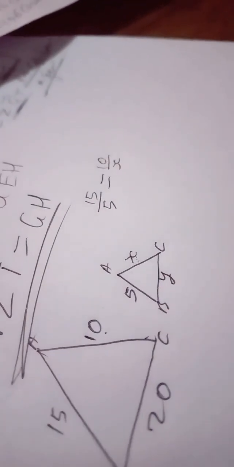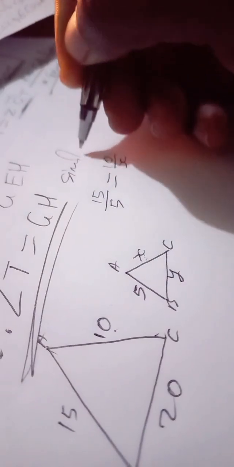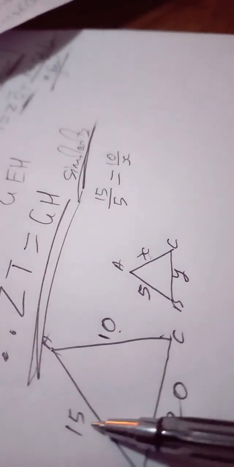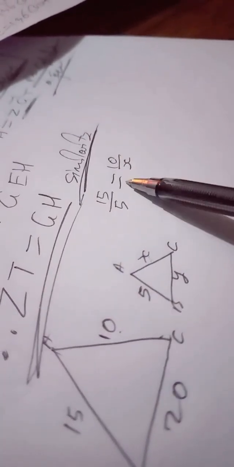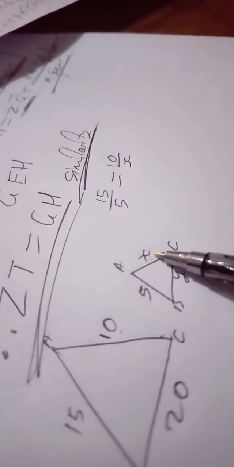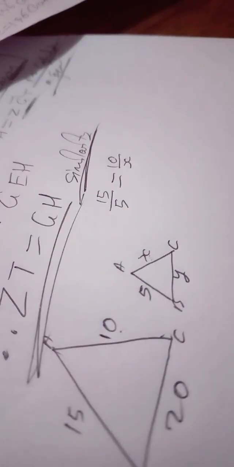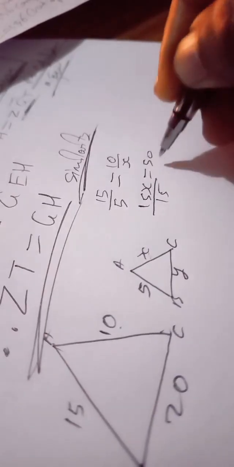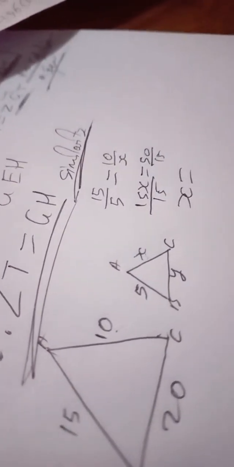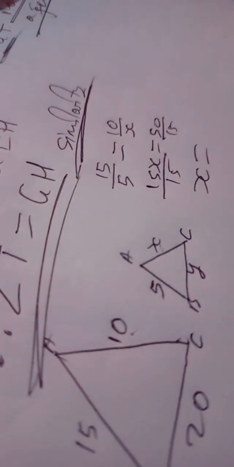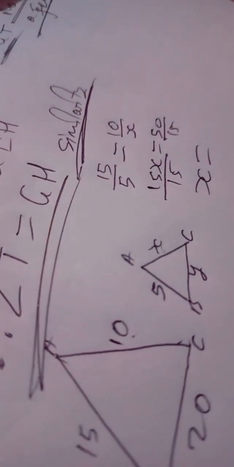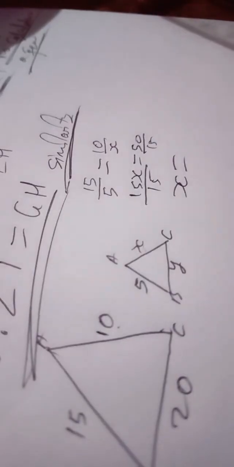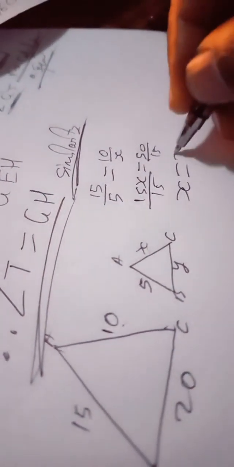This is similarity now. So 15 over 5 is equal to 10 over X. We find the value of X here, whereby 15x is equal to 50, divided by 15. X is equal to 50 divided by 15, which is 3.33.